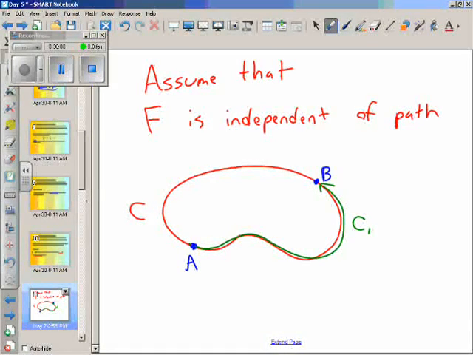And I'm going to call the other way from A, this way, I'm going to call this C2.